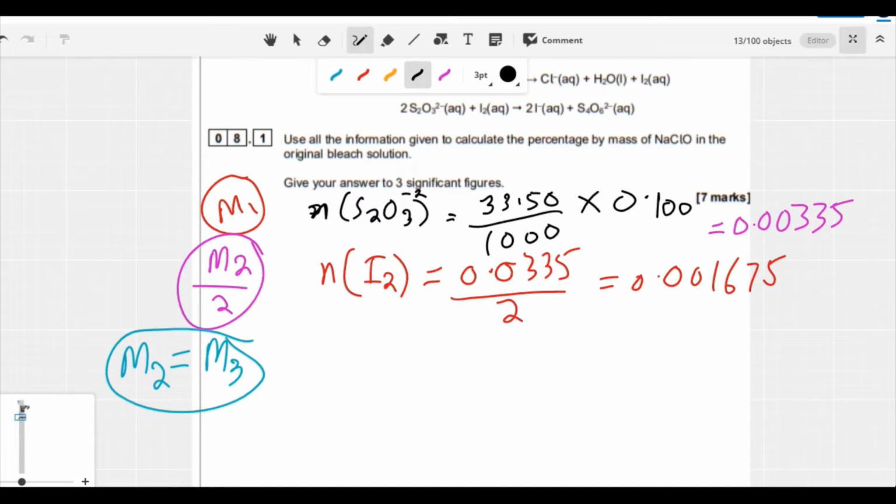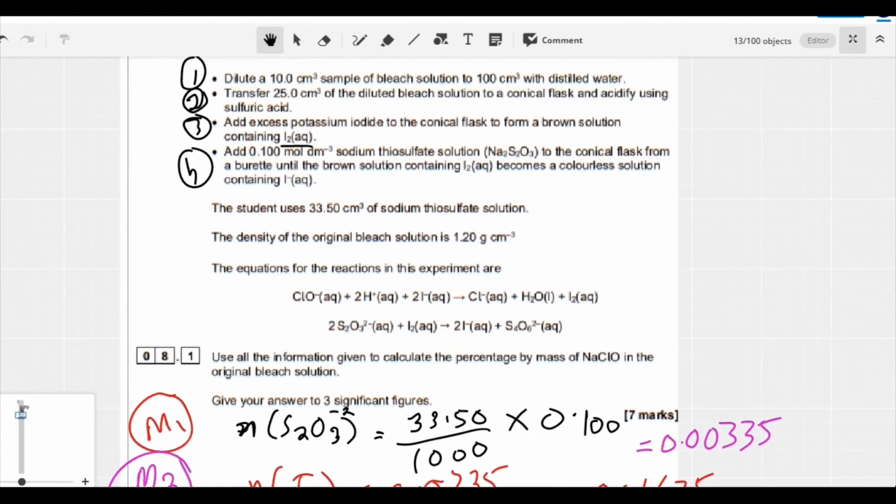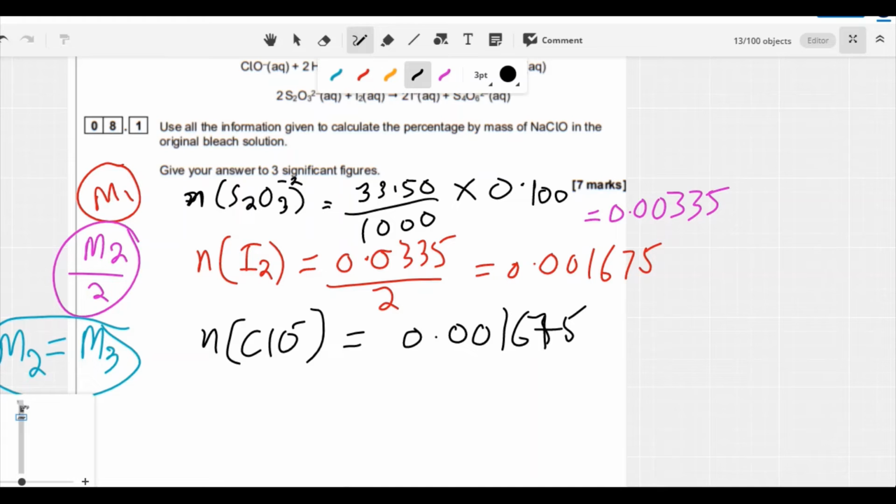So n of ClO⁻ is equal to 0.001675. But remember that those moles are in 25 cm³, not 100 cm³, because 100 will be 4 times 25 cm³. So here I am going to indicate it.